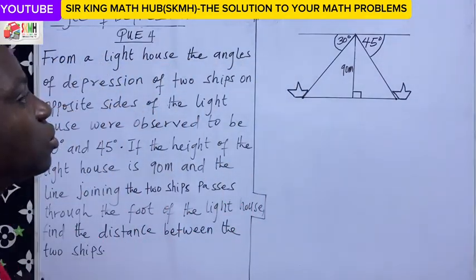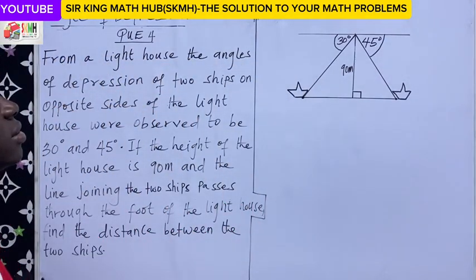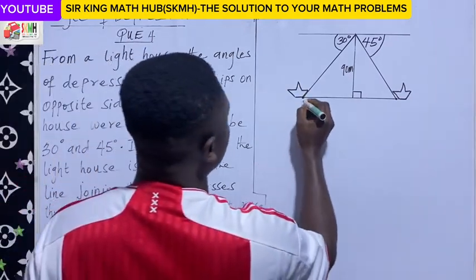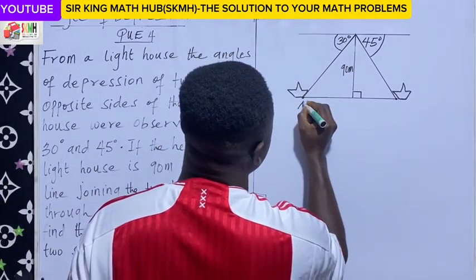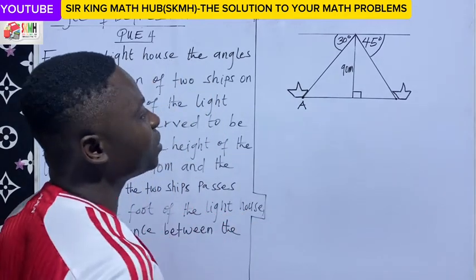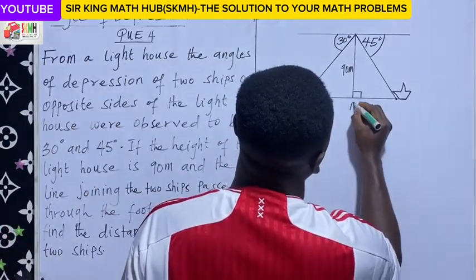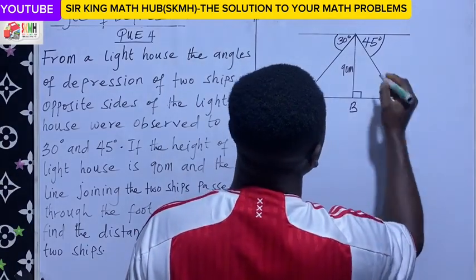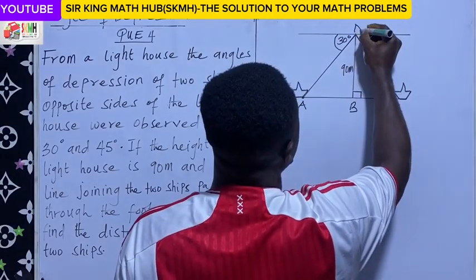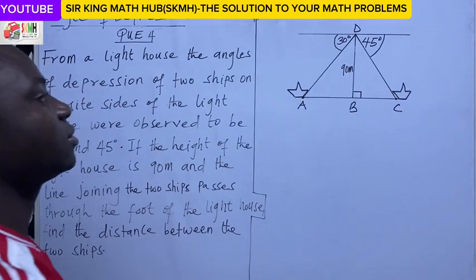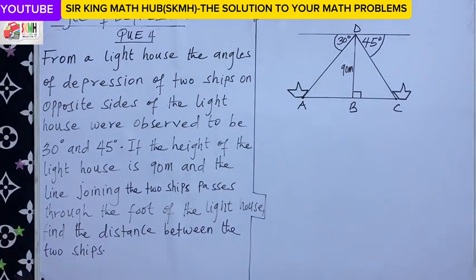So let's label our diagram. So I'll label this ship as, let's say, ship A. So let me label this point here as B, C, and D. So we have labeled our diagram.